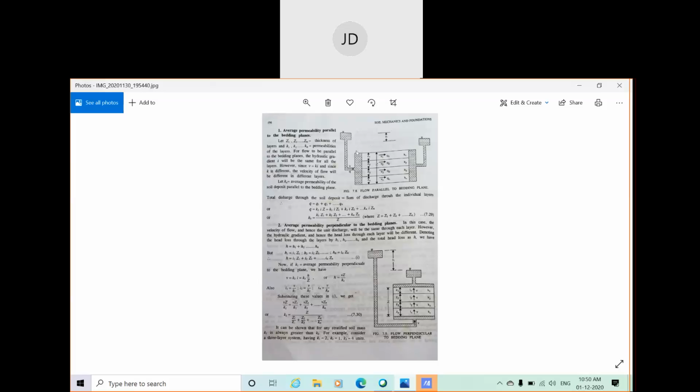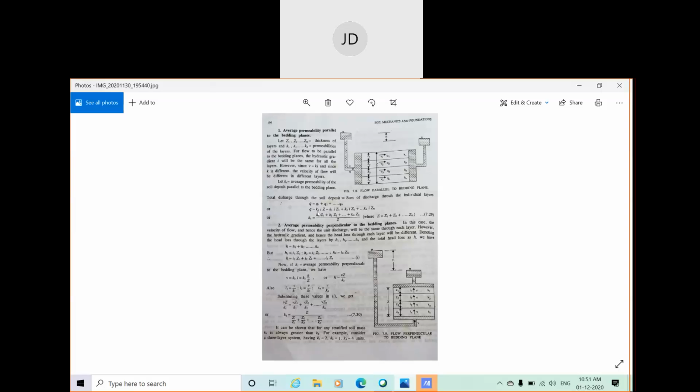This direction we consider as 1 unit, since this is a two-dimensional diagram. So in place of cross-sectional area, we can consider simply the thickness of the layer. So you can derive that the total discharge Q can be represented by KIA or KIZ.